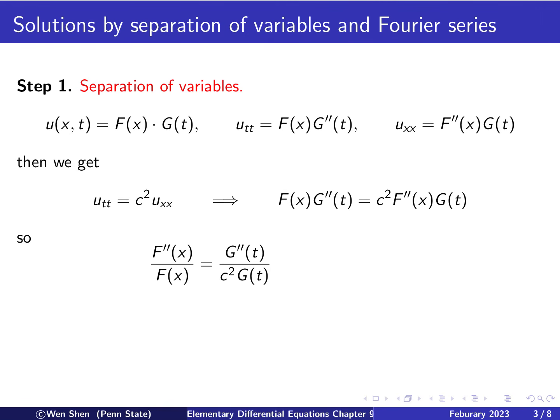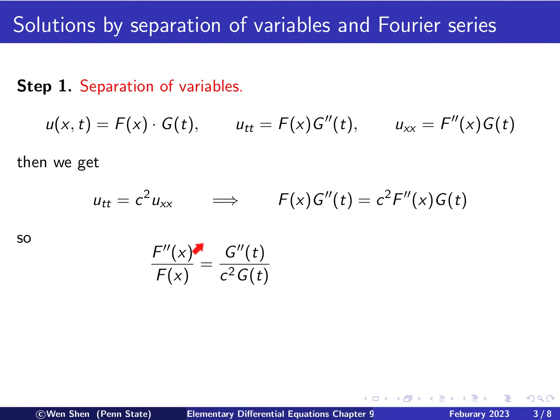So we can move f(x) under here, so we get f double prime over f. And then we can move c squared g down here, we get g double prime over c squared g. So here comes the same argument as we have done earlier in the heat equation.